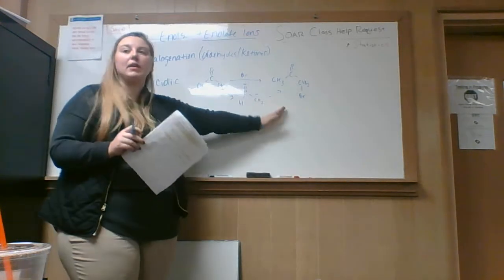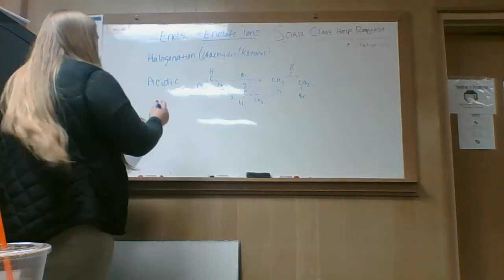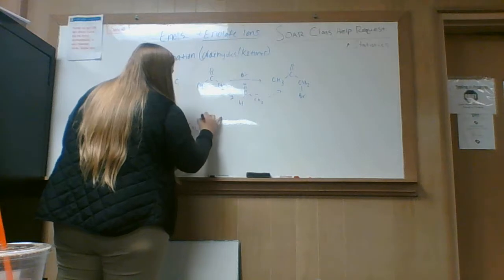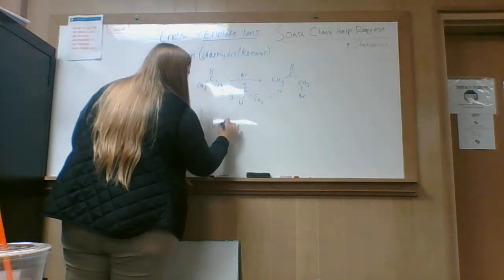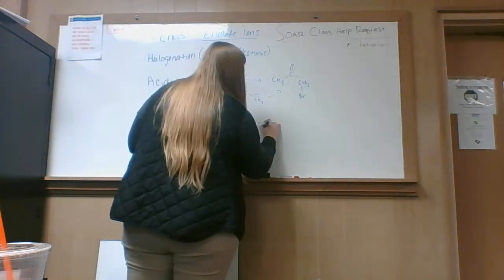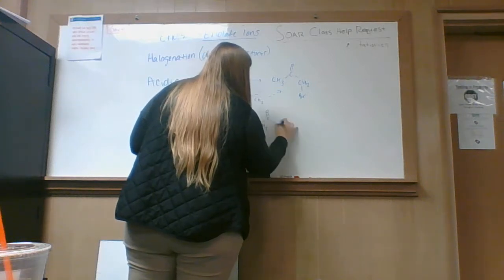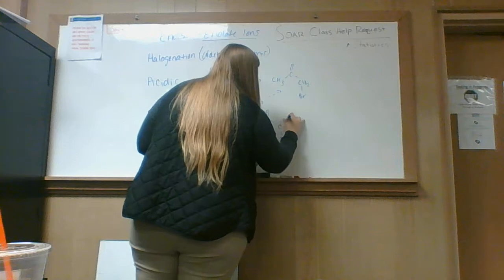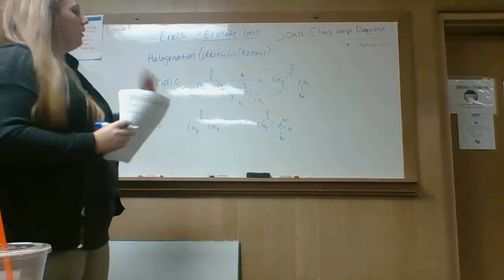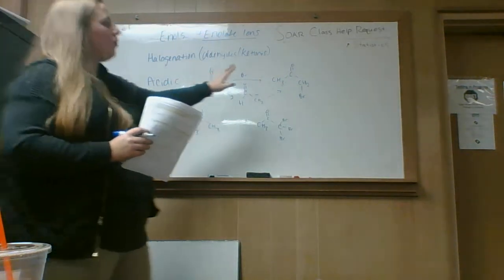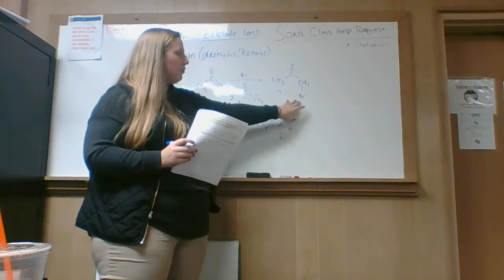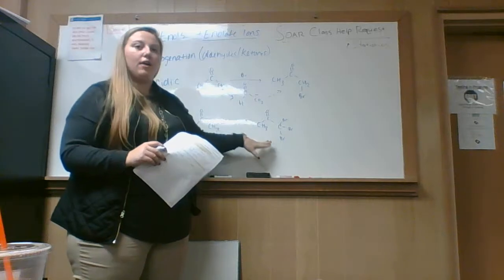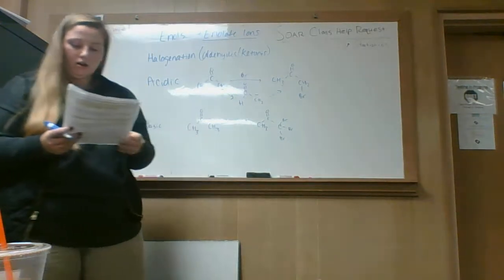That's why only one is being added. In a basic solution, we're going to replace all of them. So in an acidic solution, only one alpha hydrogen is replaced with a bromine or a halogen. In a basic solution, all alpha hydrogens are replaced.